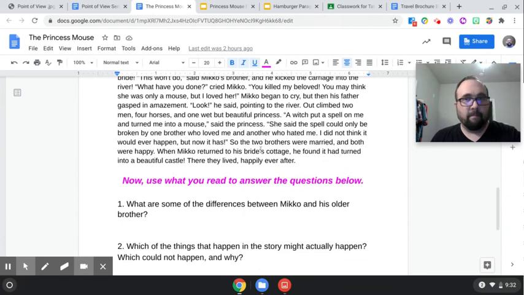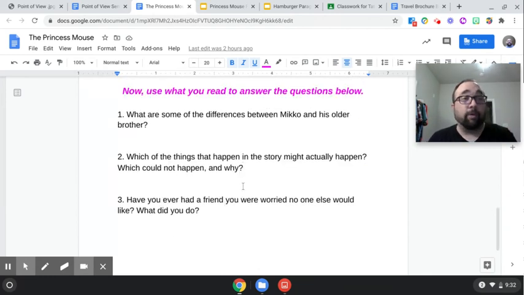And those are important. Now, here are some questions to kind of help you. Use what you read to answer questions below. What are some of the differences between Miko and his older brother? So these are characters. If you can find some differences between them, that will help you when you are considering the character's point of view.